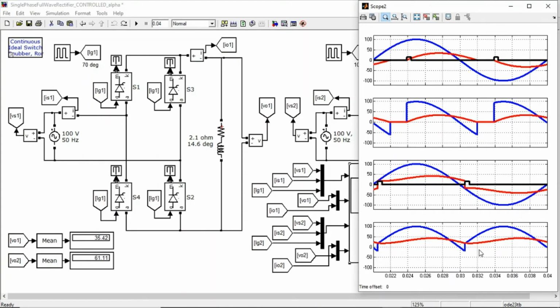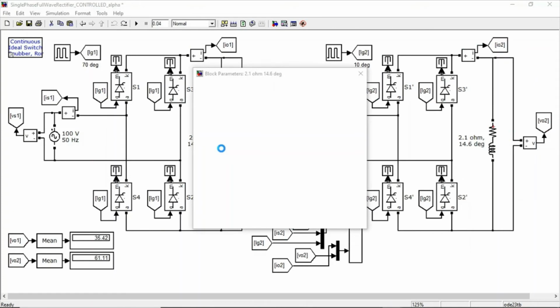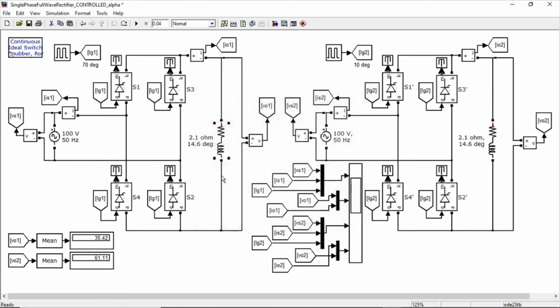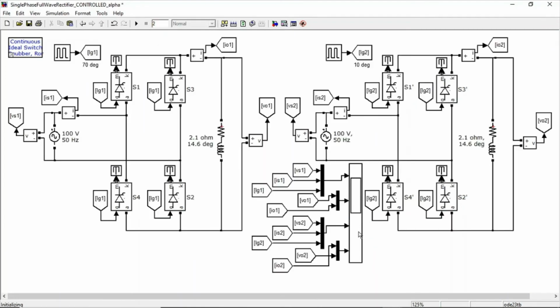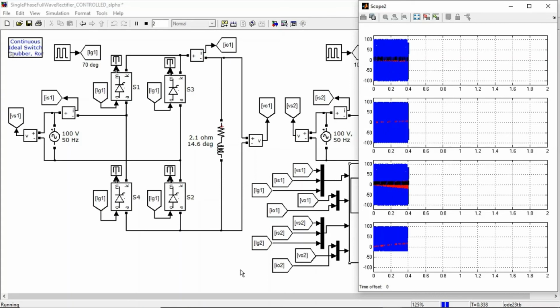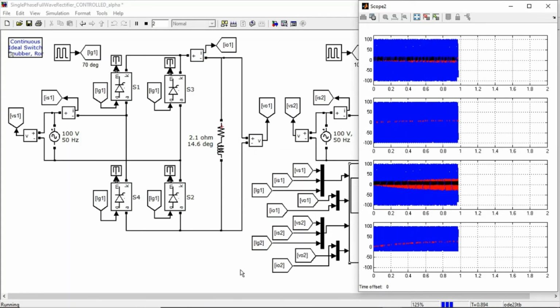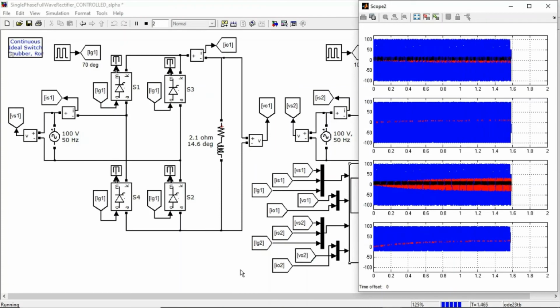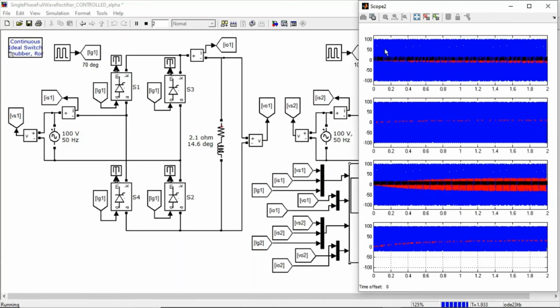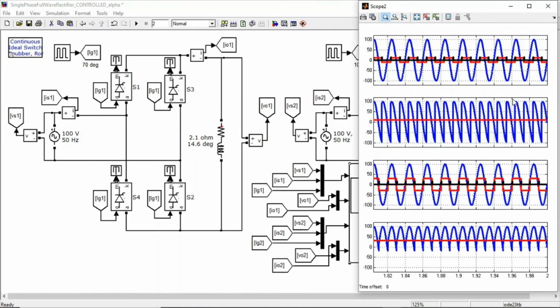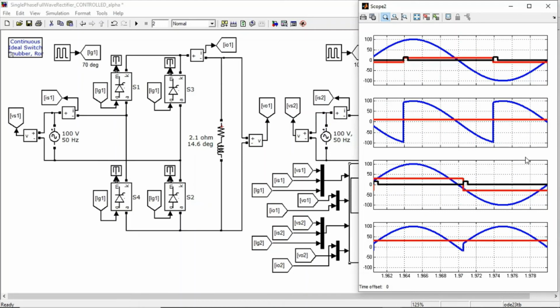Next, let us consider a large inductive load. From the scope, we can see that both rectifiers are supplying a continuous and ripple-free current to the load.